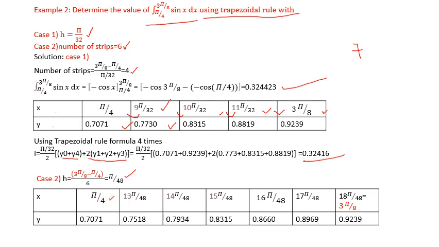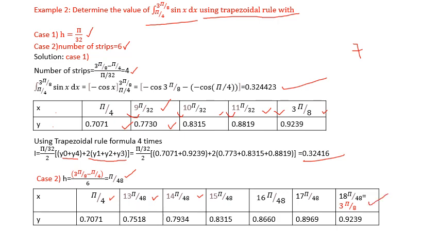So pi by 4 to 3 pi by 8 is divided into pi by 48 intervals. So pi by 4 first, then pi by 4 plus pi by 48, that is 13 pi by 48, then 13 pi by 48 plus pi by 48, that is 14 pi by 48. Likewise up to 18 pi by 48, that is nothing but 3 pi by 8.